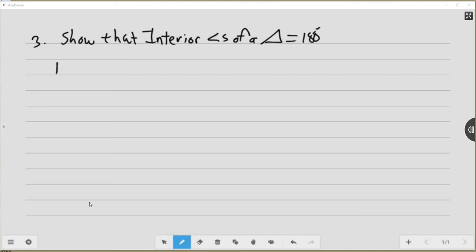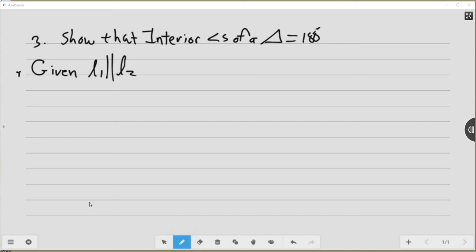Okay, so I'm going to give you what's given. Given. Okay, we're going to have L1 parallel to L2.